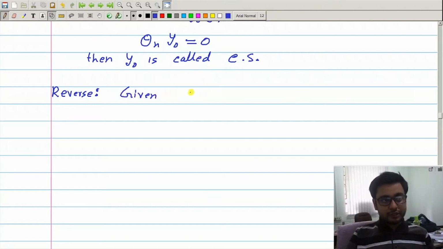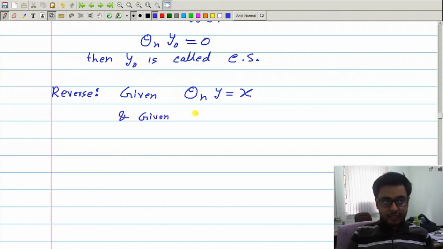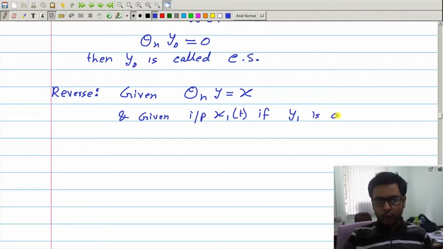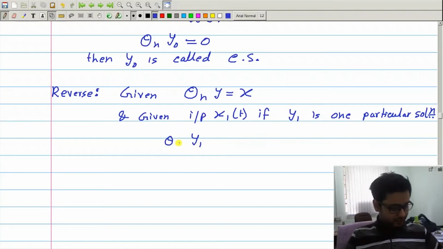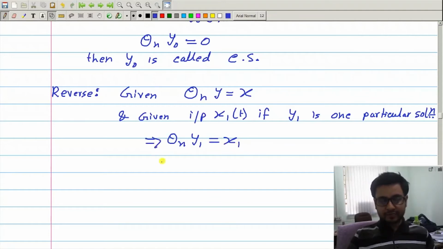Given the differential equation O_N acting on y is equal to x, and given the input x1, if y1 is one particular solution, that means y1 satisfies this equation, O_N acting on y1 is equal to x1.